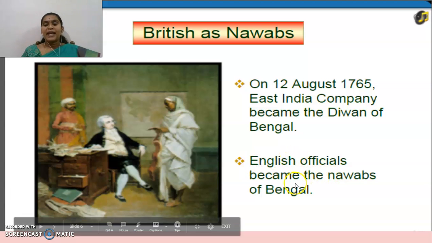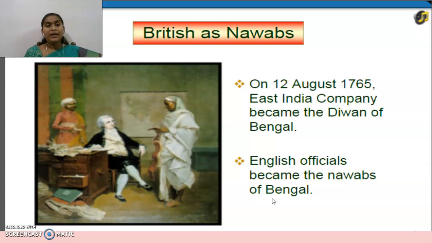English officials became the Nawabs of Bengal. So what happened at that time? The Mughal ruler gave permission to the British East India Company to become the Diwans of Bengal.